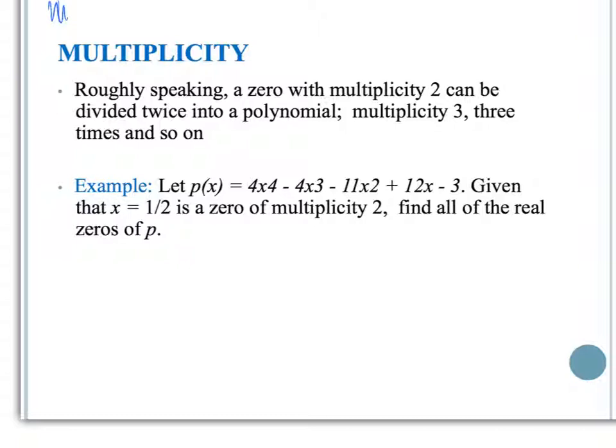So in this example, where we have a 0 of multiplicity 2, we can use that 1/2 twice in our synthetic division. And so let's start with 1/2, and then all the values from our polynomial, to get our depressed equation.